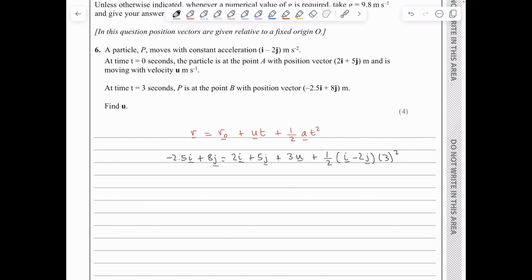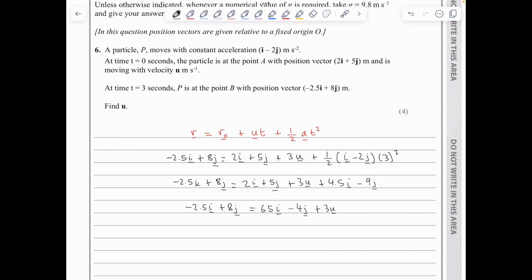So this leads to minus 2.5i plus 8j is equal to 2i plus 5j plus 3u plus 4.5i minus 9j. I will simplify the right hand side, so I've got minus 2.5i plus 8j is equal to 6.5i minus 4j plus 3u.